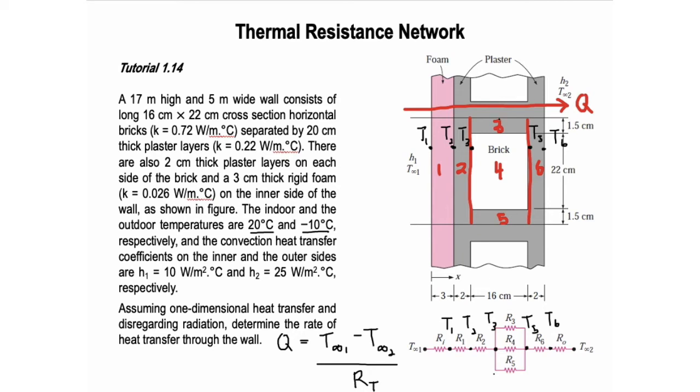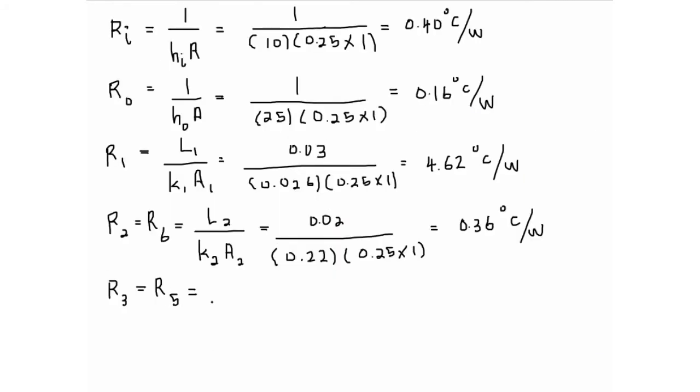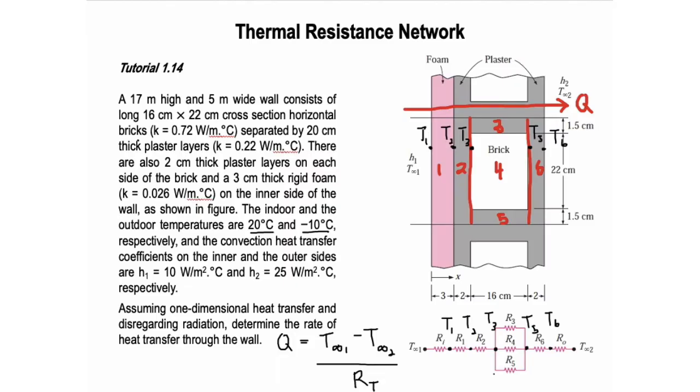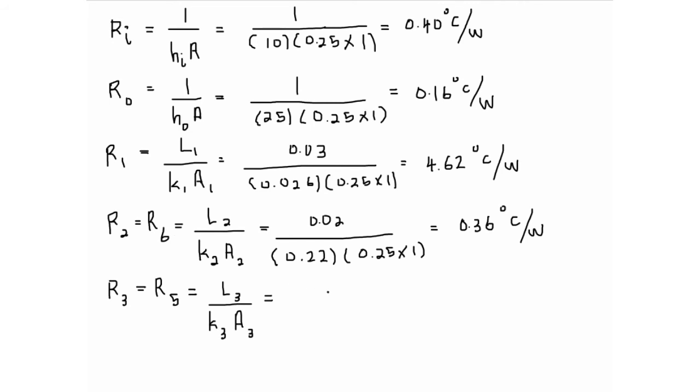So this one is 3 and this is 5. So let's calculate in terms of 3. Okay, the thickness is 16 centimeter, so you're gonna have 0.16 meter.